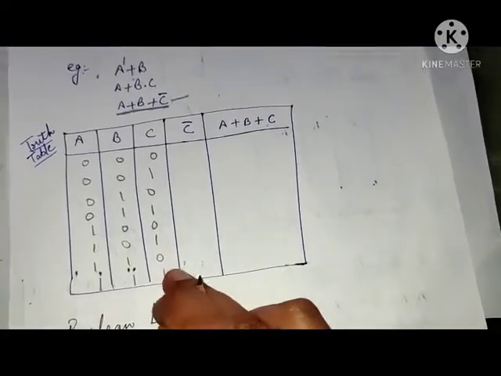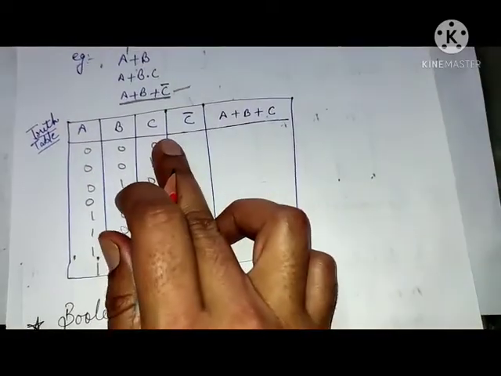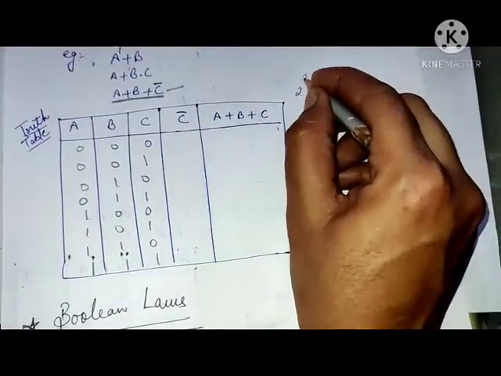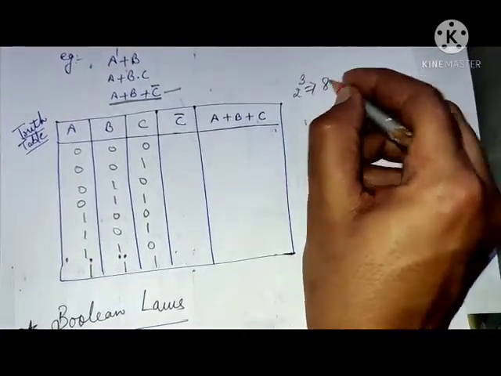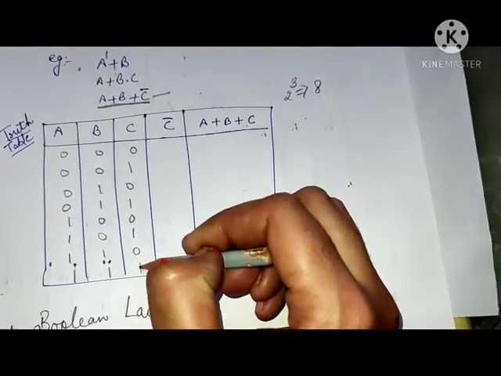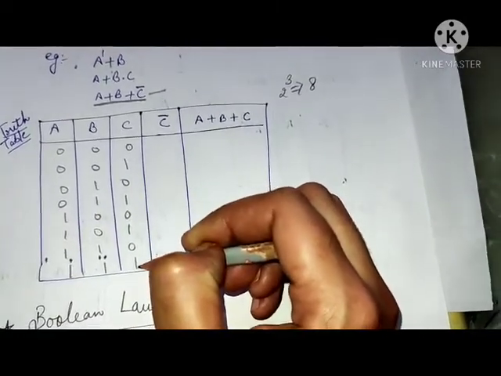We have to take each and every combination of 3 variables. So for 3 variables, the combinations are 2 raised to the power 3, which is equal to 8. We can count 1, 2, 3, 4, 5, 6, 7, 8. So there are 8 combinations of 3 variables.